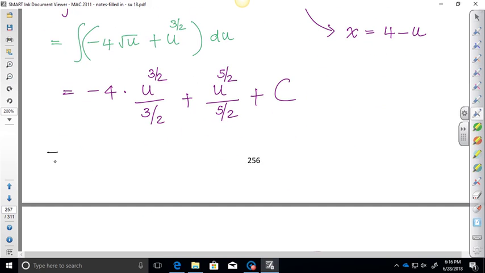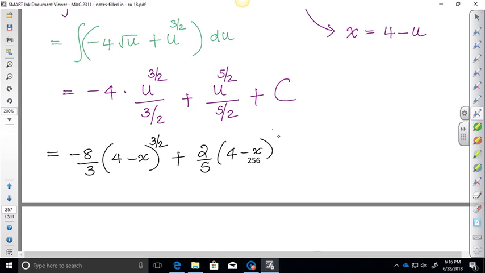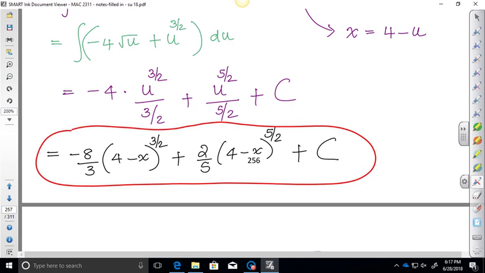So the final answer is negative 8/3 times (4 minus x) to the 3/2 plus 2/5 times (4 minus x) to the 5/2 plus c. It's a little different problem because of that x. You get one on my math problem, like there is a square root, then there is an x outside.